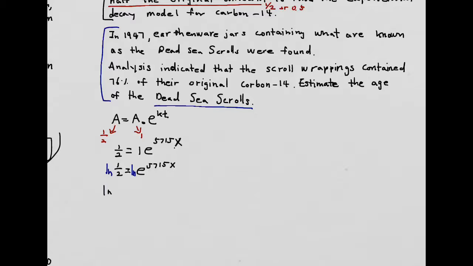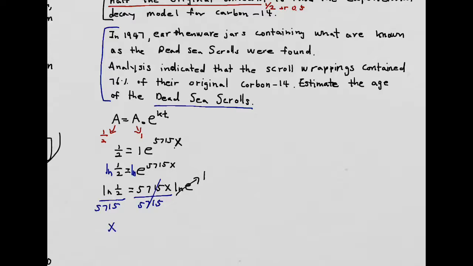You get the natural logarithm of 0.5, or 1/2, equals 5,715k times ln e, where ln e equals 1. So in order to solve for k, you're going to divide both sides by 5,715.